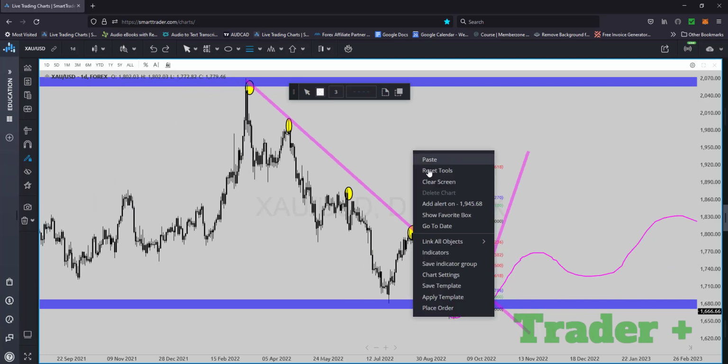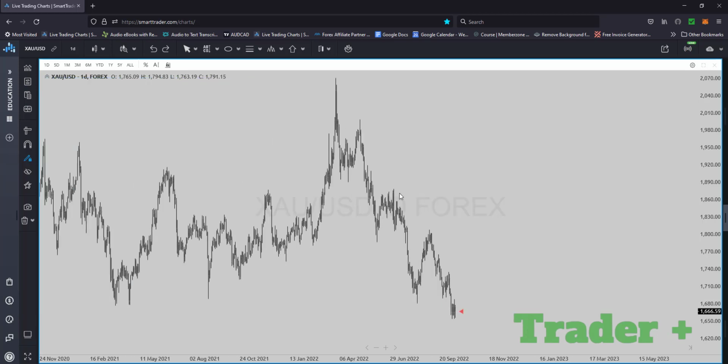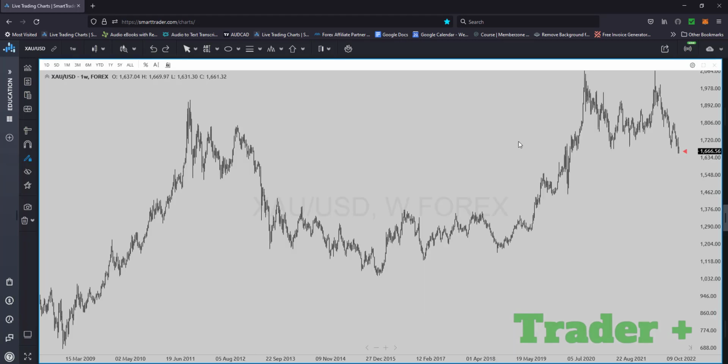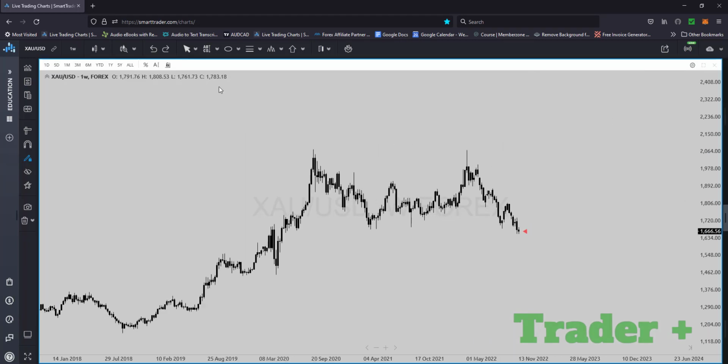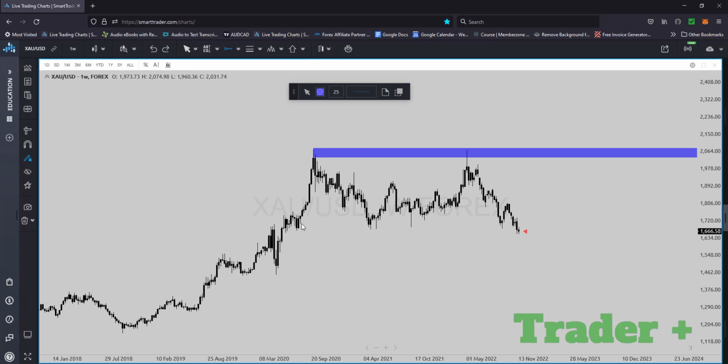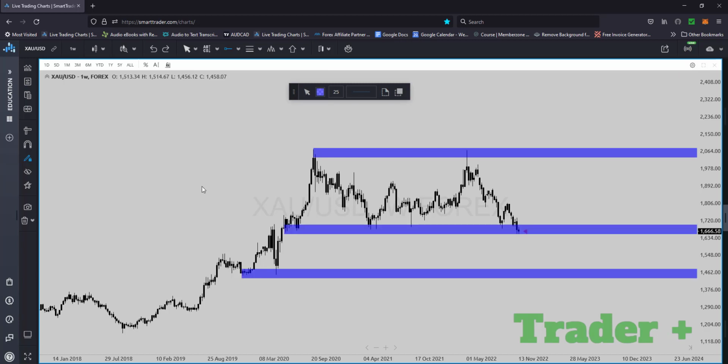Let's say the market does not hold in this pattern and it decides to break out. Let me clear the screen again, go back to the weekly, and redraw the lines: top of the range, bottom of the range. And I want to identify this lower area here.